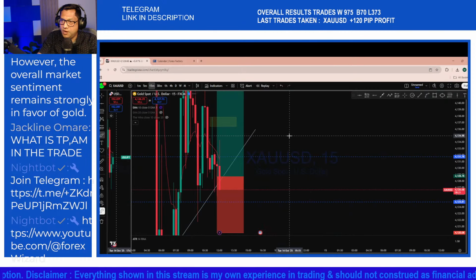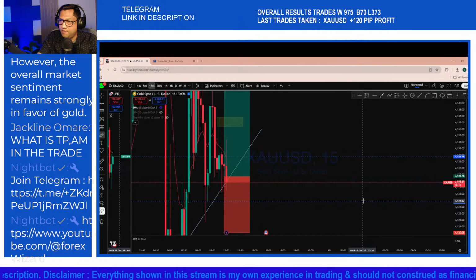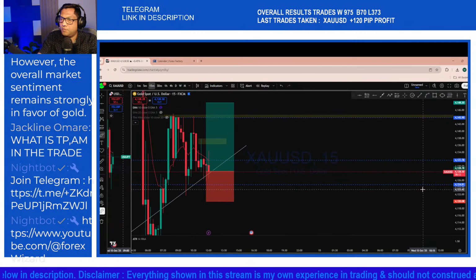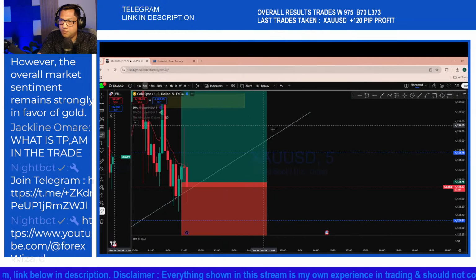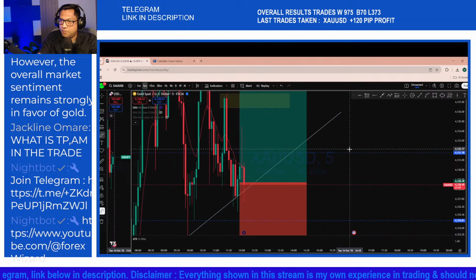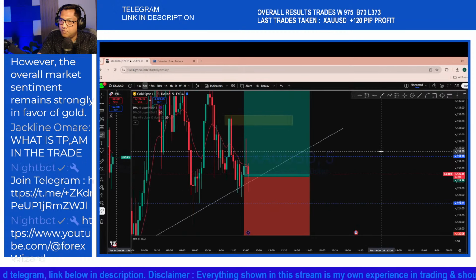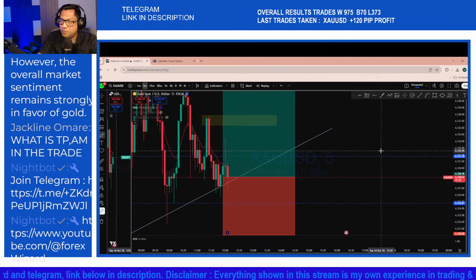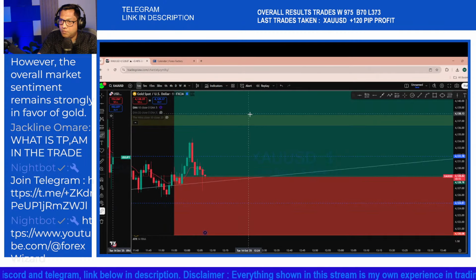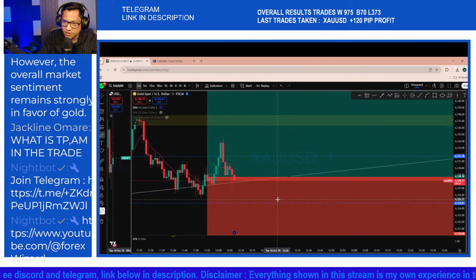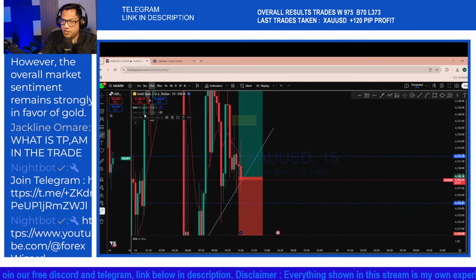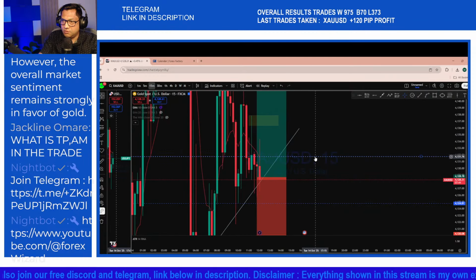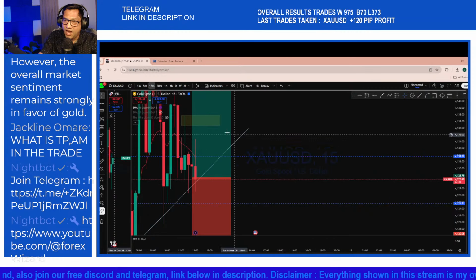There's a breakup support now. Pretty long wick candle here in that area, and from this long wick, waiting for the market to potentially cross back up.